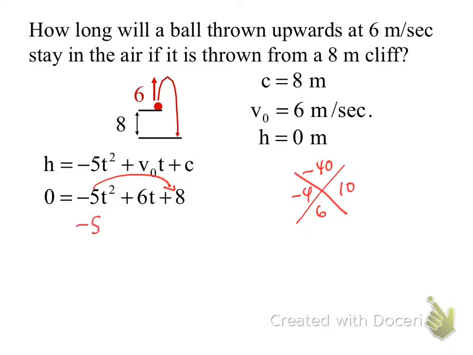So I'm using the first term, I'm using the last one, and I'm going to use negative 10t and negative 4t. Positive 10, sorry. Okay, now I'm going to factor by grouping.